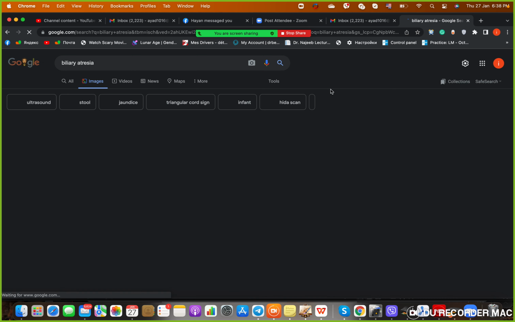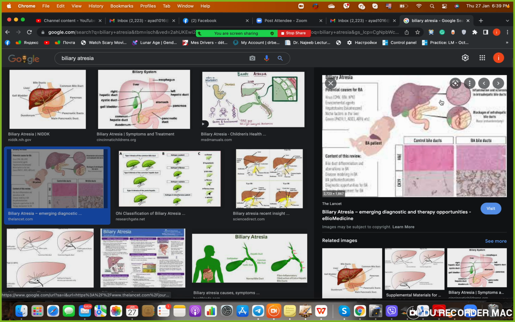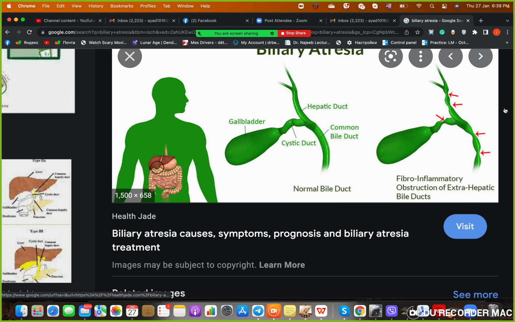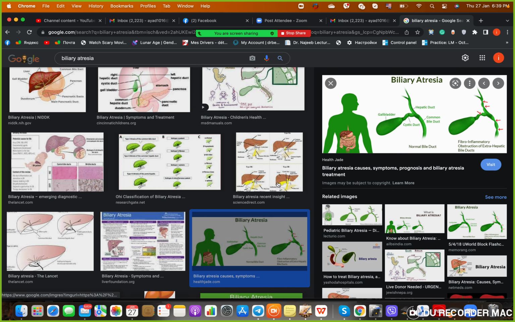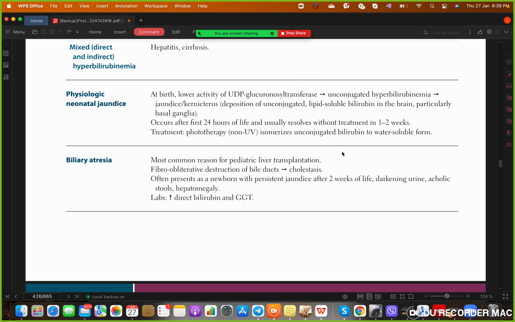Well, I cannot find a good picture, but basically the biliary tract is absent, okay? It's just shut totally, so it cannot pass the bile down there. That will lead to serious cirrhosis, and that might lead to you needing a liver transplant.